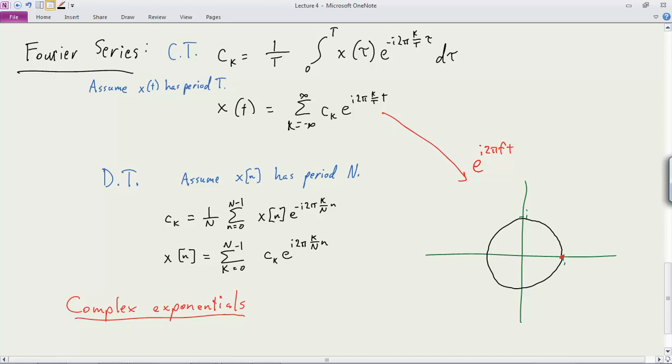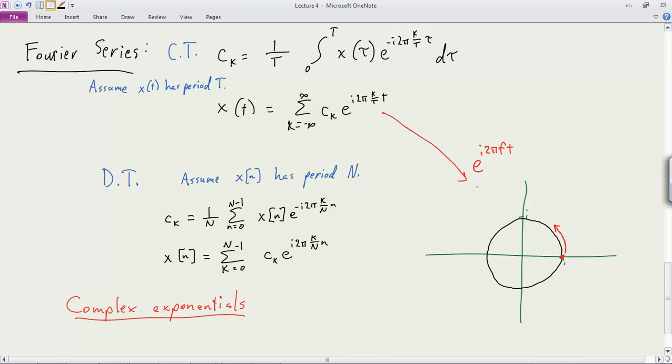That's e to the 0. And as time goes on, it moves around the circle. At what point in time does it make a complete rotation? Well, that's what this f tells us. The f is the frequency with which it goes around this circle, so 1 over f is the amount of time it takes to go around the circle.